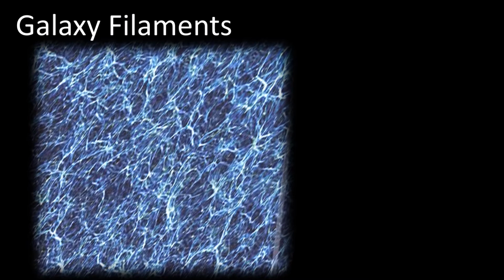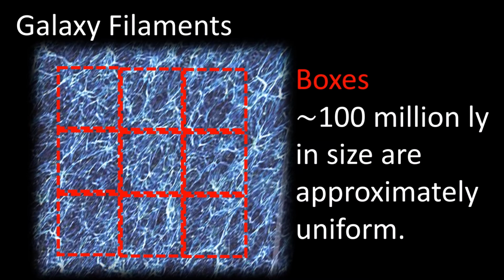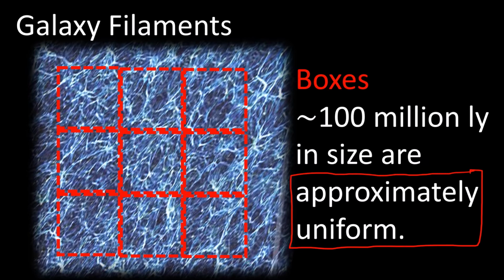At these huge scales, we can divide the universe into boxes that are hundreds of millions of light years wide. And at this large scale, most boxes look basically the same. So when we make the assumption that the cosmological principle is true, we're assuming that the universe looks the same at all points and in all directions, on average at the largest scales.